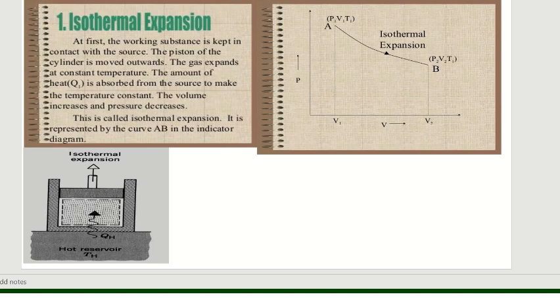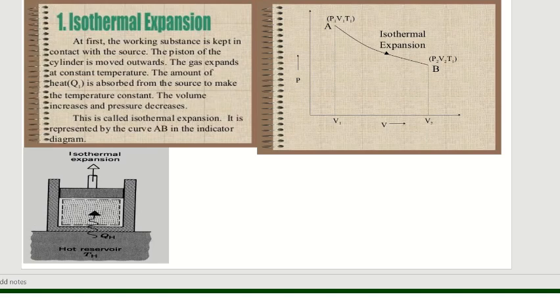So first step is that we have to place the cylinder on a source. The piston of the cylinder is moved outwards, because the gas expands. Here the temperature is kept constant because it is an isothermal process and expansion is taking place. The amount of heat from the source will be absorbed to make the temperature constant.